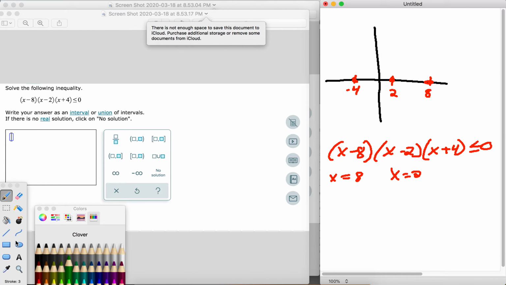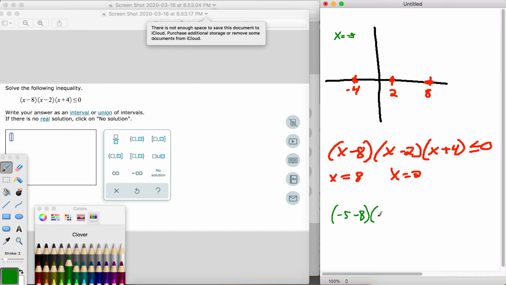What you can do to test that is plug in some test points. Let's plug in x equals negative 5, a point that's slightly to the left of negative 4. If you plug in negative 5, we got negative 5 minus 8, negative 5 minus 2, and negative 5 plus 4.